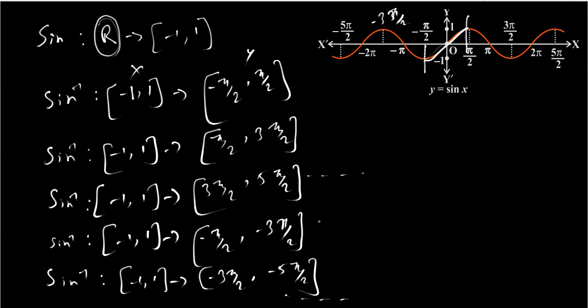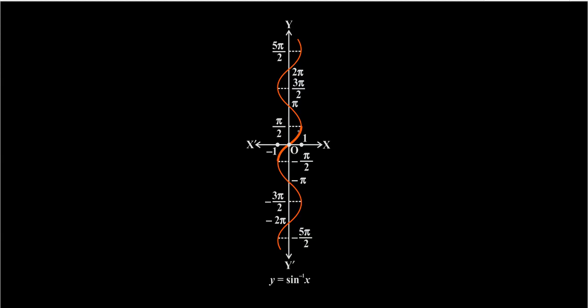So if we plot the graph of the sine inverse function, it will come like this. In the x-axis, it is reaching from minus 1 to plus 1 only. But in the y-axis, the graph goes on through the real numbers on the positive as well as the negative side.